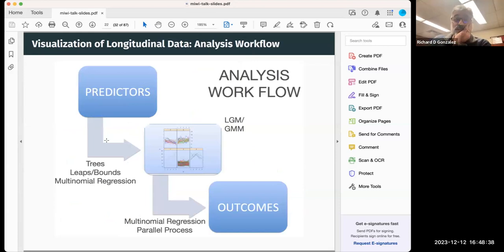In terms of an analysis workflow, we have multiple stages that we're exploring in this project. We have how we identify the predictors of these profiles that we're examining. I only presented the aggressive profile, but we have a bunch of other profiles around whether the child is withdrawn or shy, shows sleep disruptions, right?